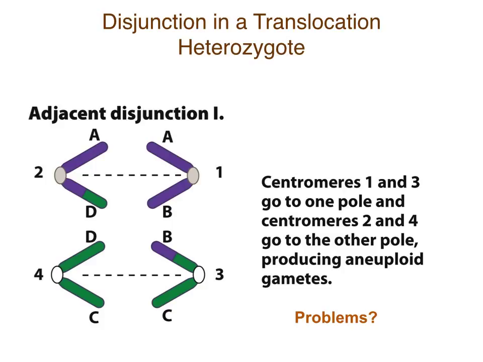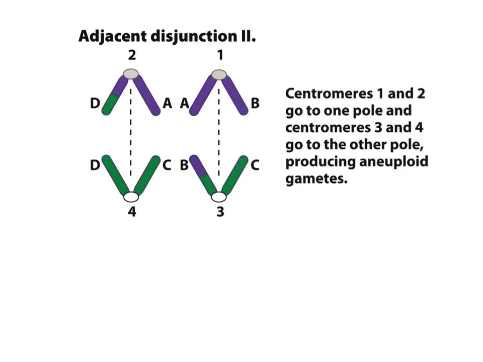Let's go to the next slide where we'll look at maybe the spindle fibers somewhere else. Maybe instead of going left to right, they go up and down, right? And so in this one, centromeres 1 and 2 go up, centromeres 3 and 4 get attached and go to the same side.